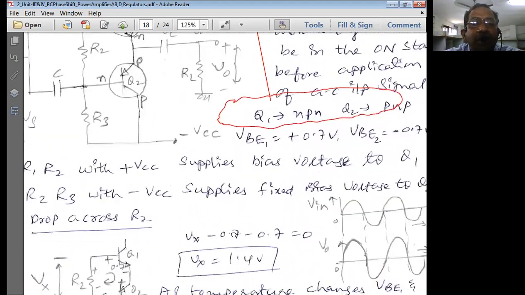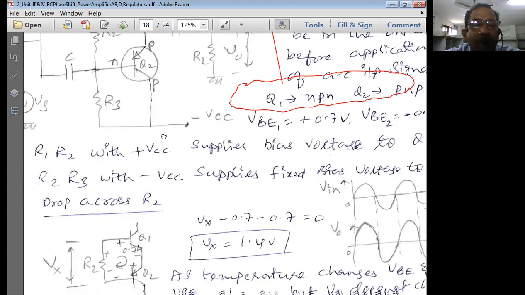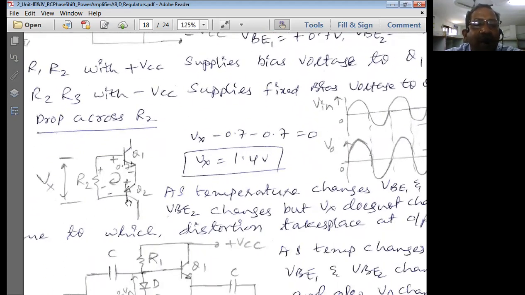Now, how much voltage? The resistor between Q1 and Q2 is going to be R2. So we can write the KVL in the loop between the base emitter junctions of Q1 and Q2 transistors. If you apply KVL to this loop, imagine that the current is flowing like this in this loop. This is the path of the current flow, as indicated by the arrow mark.